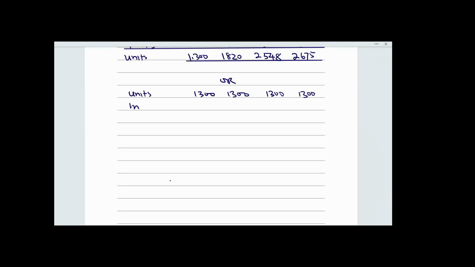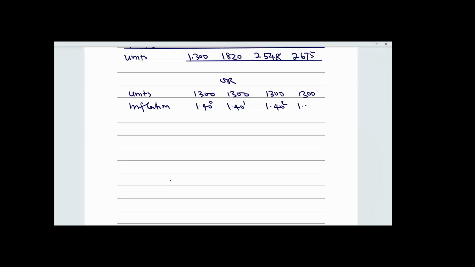So inflation, year 1: 1.04 raised to power 0, 1.04 raised to power 1, sorry, 1.40 raised to power 2.